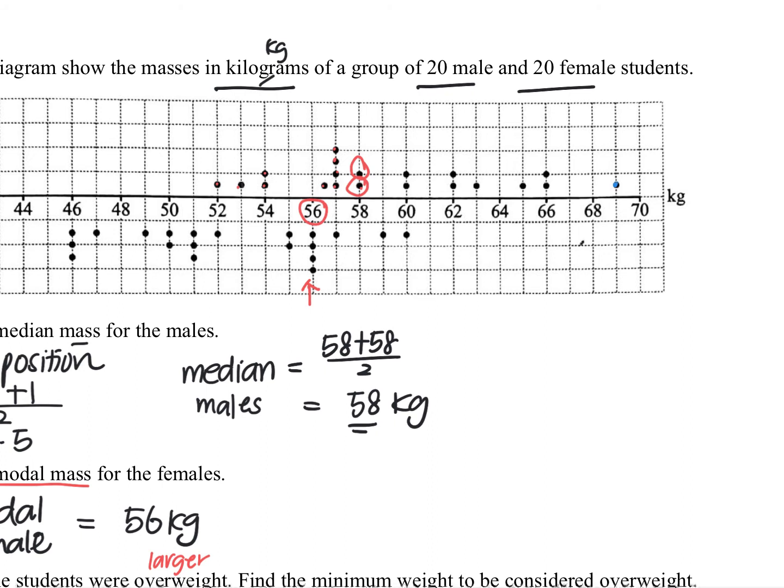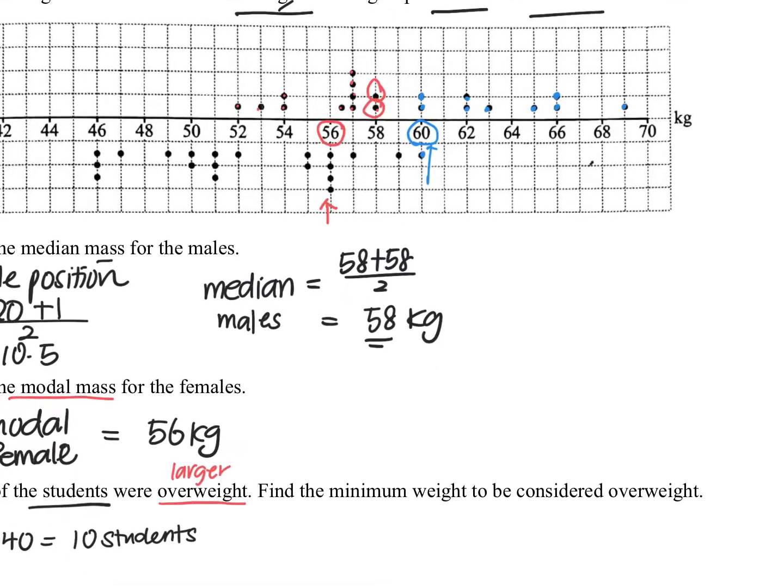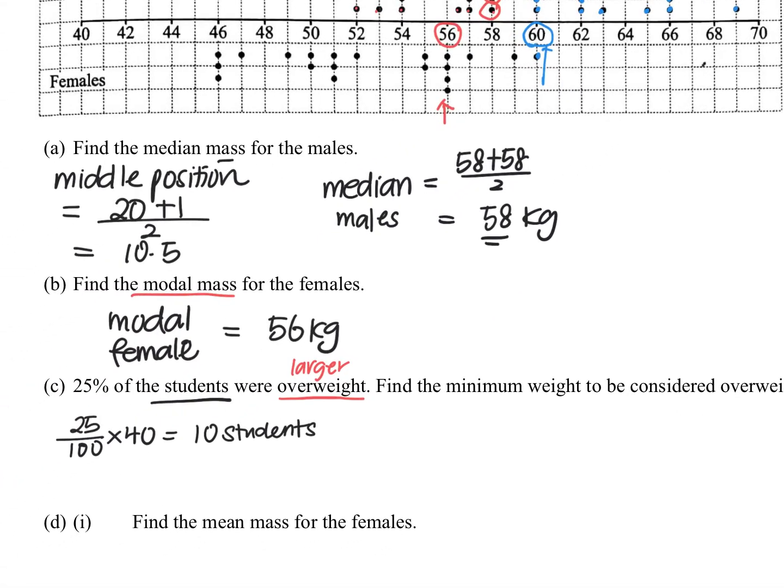So this is 1, 2, 3, 4, 5, 6, 7, 8, including the female, 9, and 10. So our 10 students were cut off at the number 60. If I have anything lesser than 60, they do not belong to this 25%. So actually the minimum weight for them to be considered overweight will now be 60. So in this case, our minimum weight will be 60.